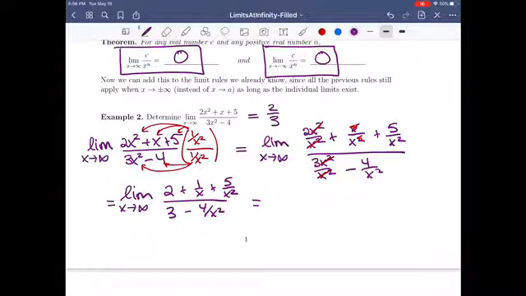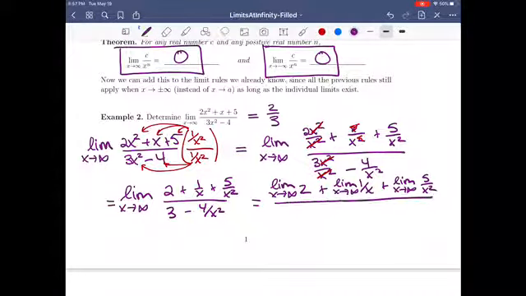So I have the limit as x goes to infinity of 2 plus the limit as x goes to infinity of 1 over x plus the limit as x goes to infinity of 5 over x squared, all over the limit as x goes to infinity of 3 minus the limit as x goes to infinity of 4 over x squared.